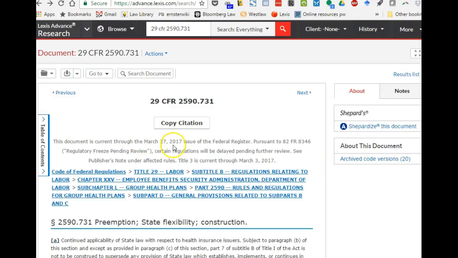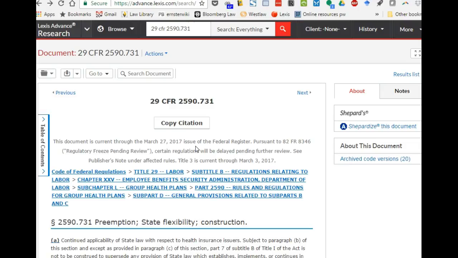This document is current through March 27th, so hey, that's pretty current, right? Pursuant to 82 Federal Register 8346, regulatory freeze pending review. Certain regulations will be delayed pending further review. See publisher's note. And we noted, okay, that's probably something we need to investigate further, because we don't know if that means we have to do something further to update.